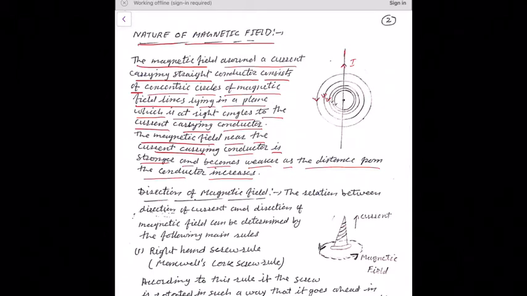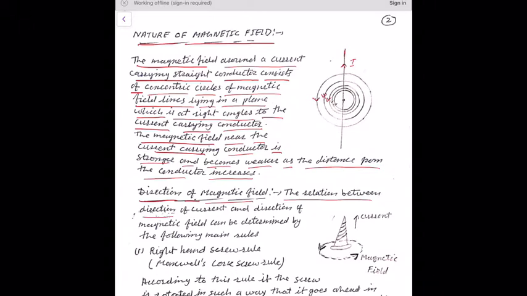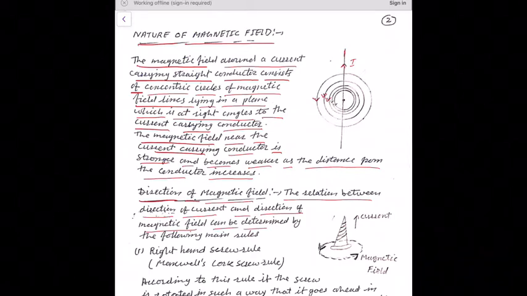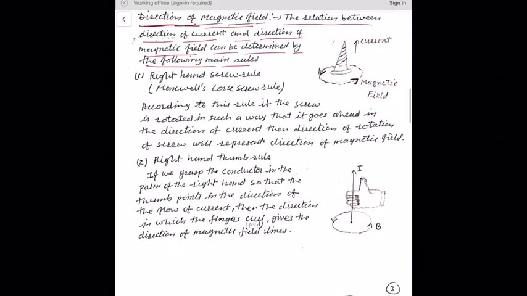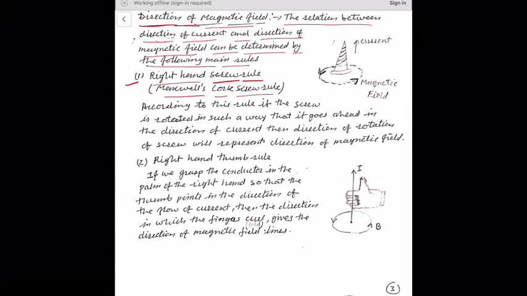Next, direction of magnetic field. The relation between direction of current and direction of magnetic field can be determined by the following main rules. First, right hand screw rule or Maxwell's cork screw rule.